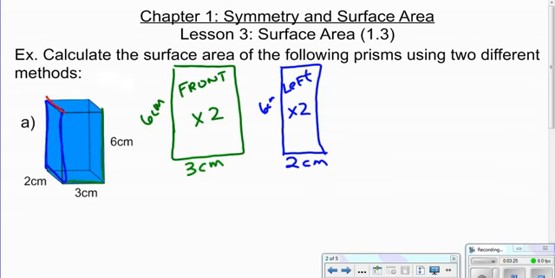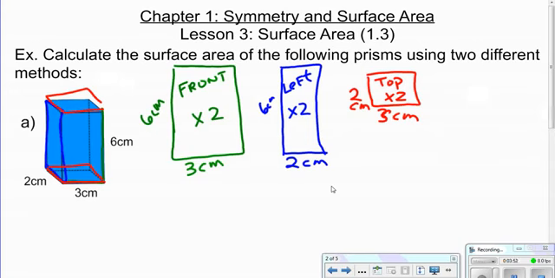And then lastly, there is the top and bottom, which is more square-like, but also a rectangle because one side is 2 centimeters and the other side is 3 centimeters. This is the top, but the bottom would be the exact same, so this is again times 2. That's our first step, looking at which 2D surfaces we are dealing with.